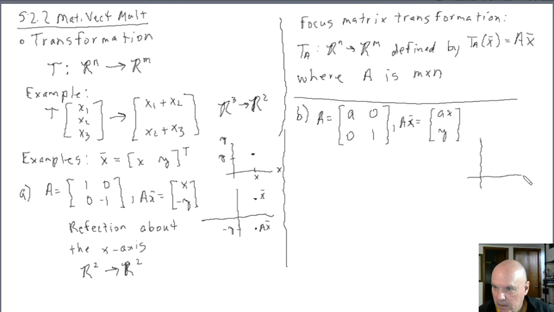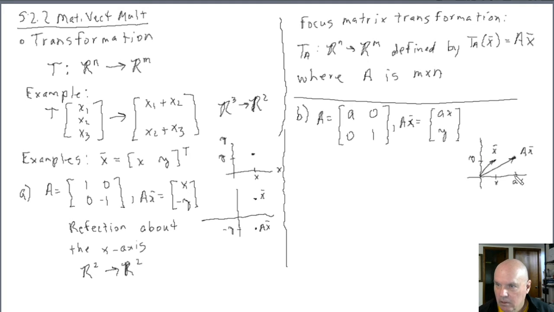So in the corresponding graph, if here's the original point with coordinates X and Y, the transformed point is going to have the same Y value, but an X value equal to AX. So this is the transformed point or the corresponding transformed vector.